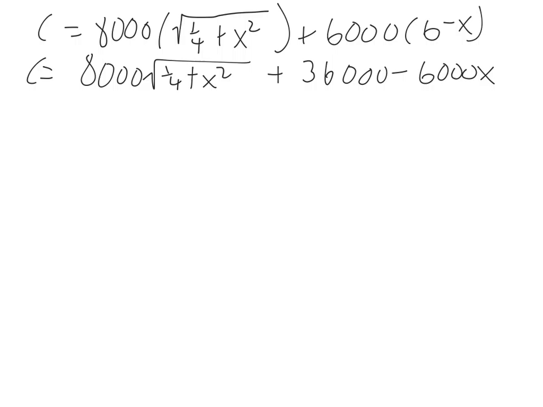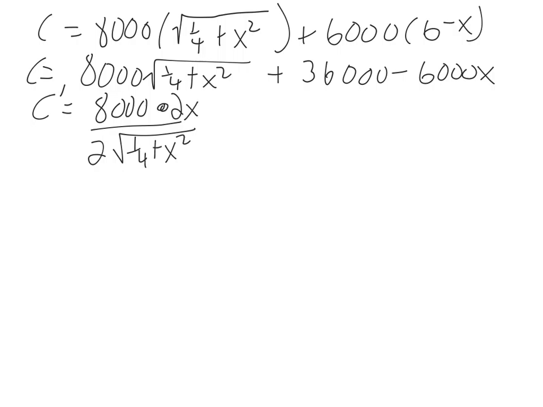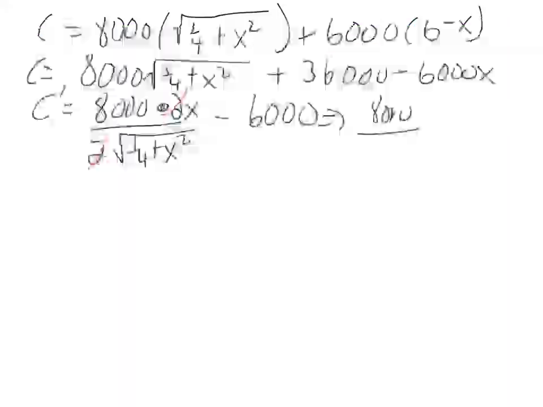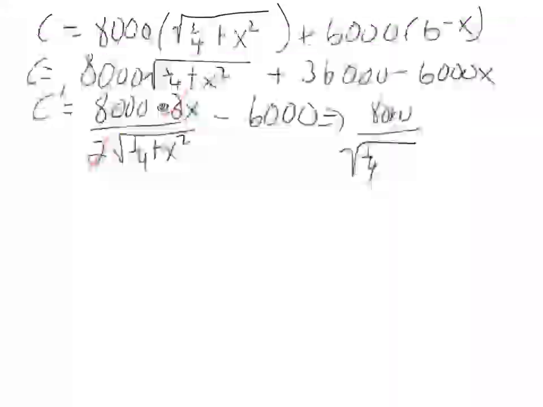Okay, so now I'm going to take the derivative of this. 8,000 over, and then don't forget to use the chain rule. Now we said this, so this will be 8,000 over the square root of 1/4 plus x squared.